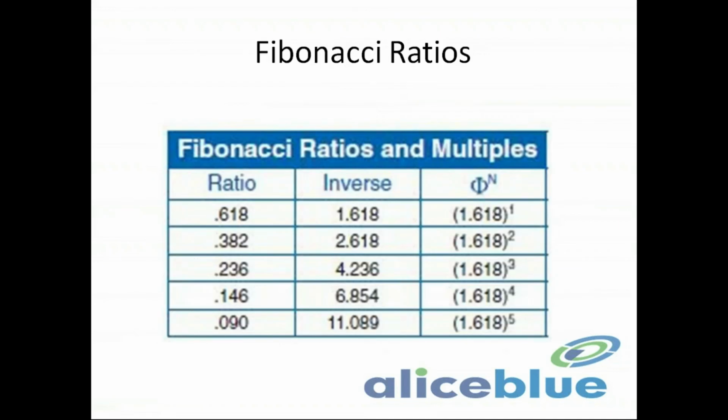For many things, like wave C, wave C would be 0.618 or 1 or 0.5 of wave A. Mostly it's 0.618 or 1. Right? You can do it like that.